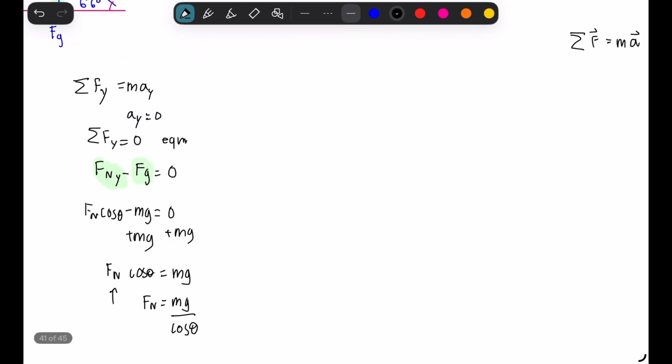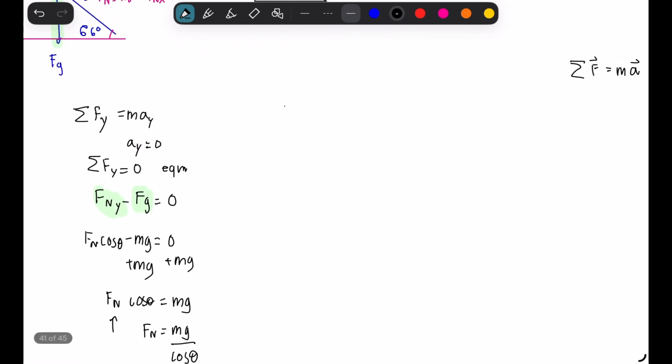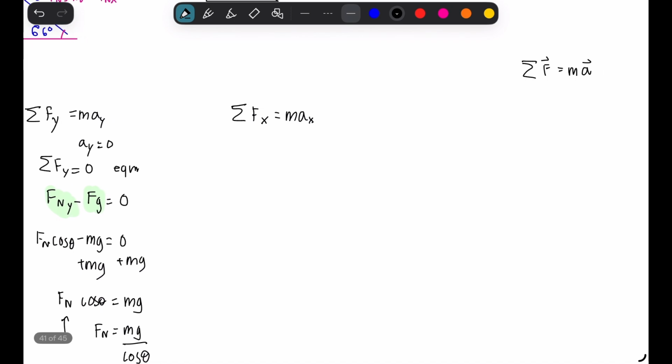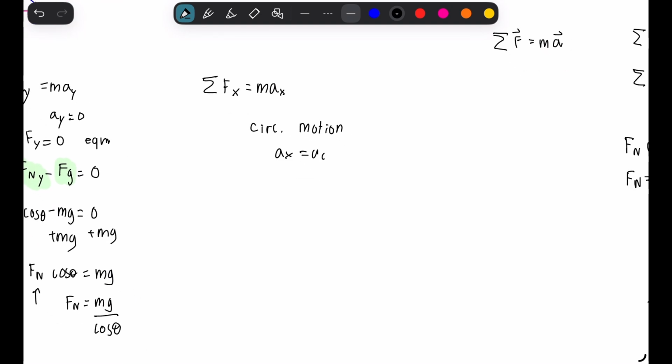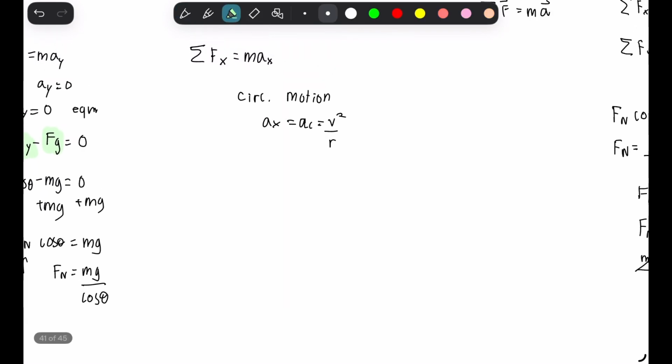Now, we can apply Newton's second law horizontally. The summation of the forces in the horizontal direction is equal to the mass times the acceleration in the horizontal direction. We know that when you have circular motion, your acceleration in the horizontal direction is equal to a_c, which is equal to v squared divided by r. So we can substitute a_x for this expression.